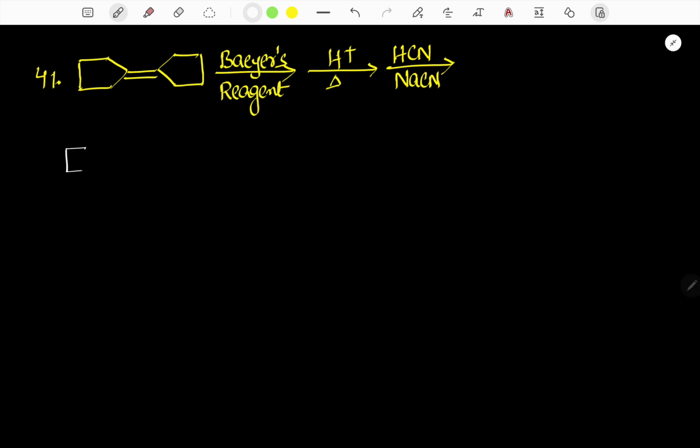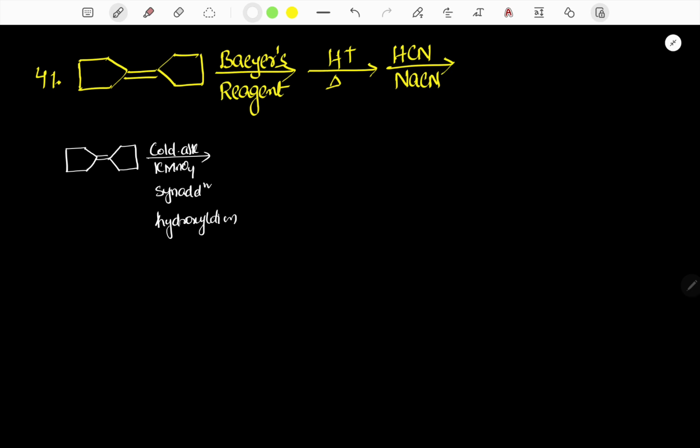The reactant has alkene functional group, and we are adding Bayer's reagent called alkaline KMnO4, and it follows syn addition, and this reaction is known as hydroxylation.